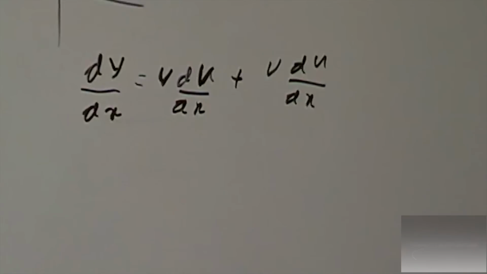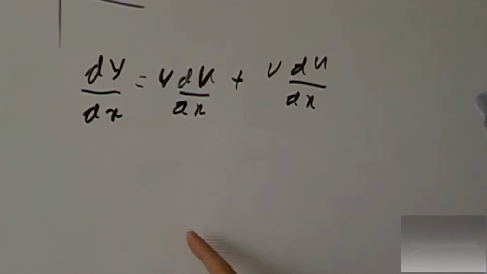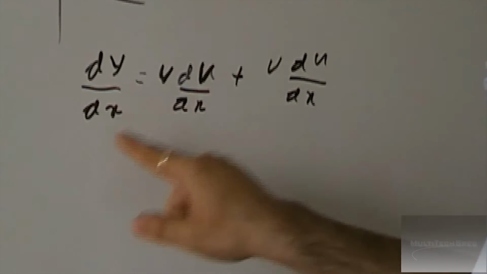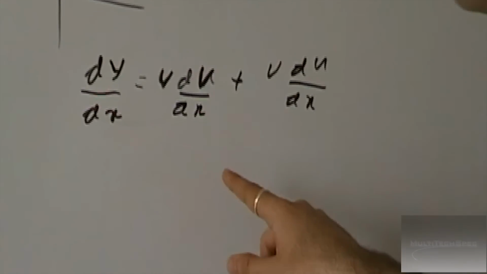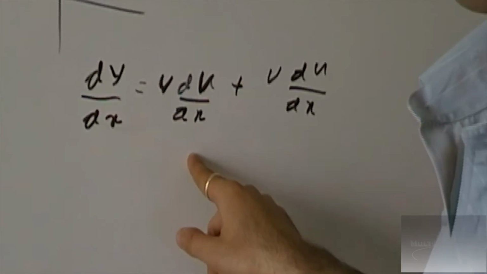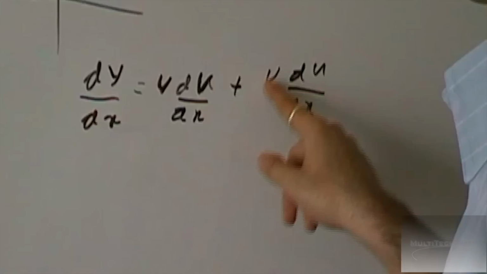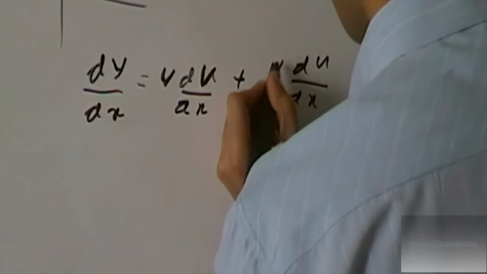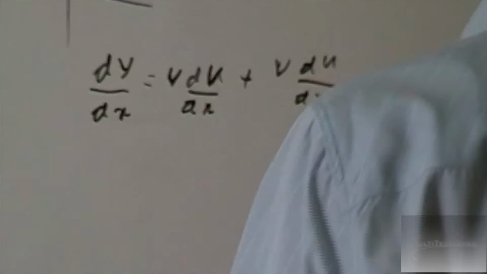So, just in case this is unclear, dy by dx is equal to u dv by dx plus v du by dx.